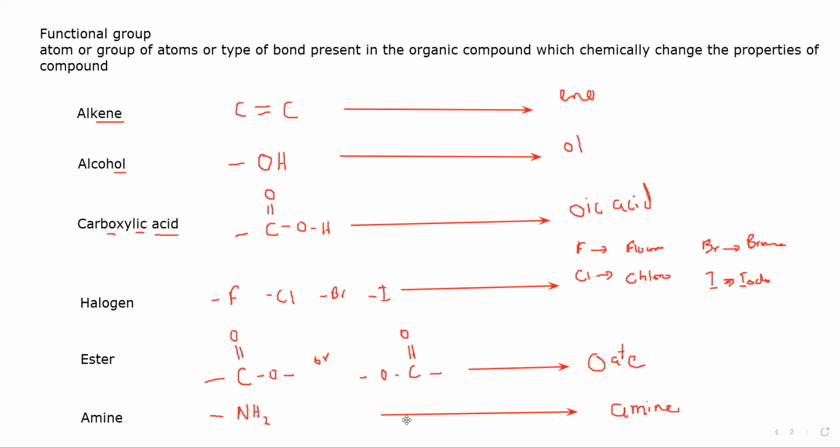Finish writing this. So now we are naming these functional groups. First we started with alkene. What is the rule?